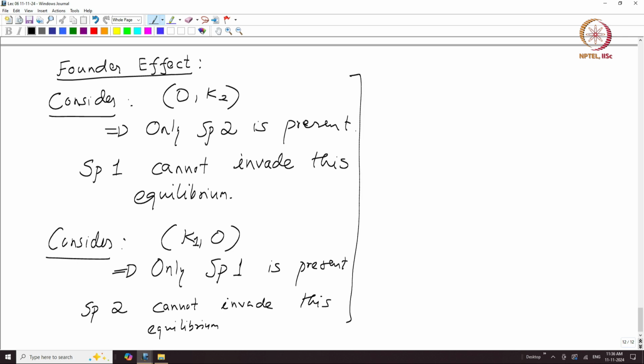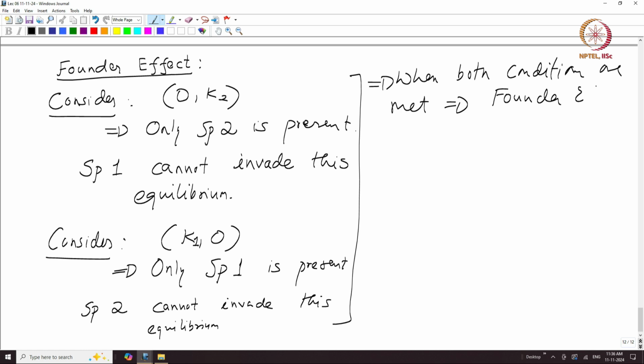So, when both conditions are met, we have the founder effect. Sometimes it is also known as initial condition dependence. It depends on where you start.